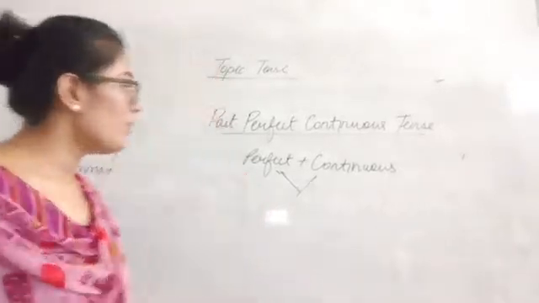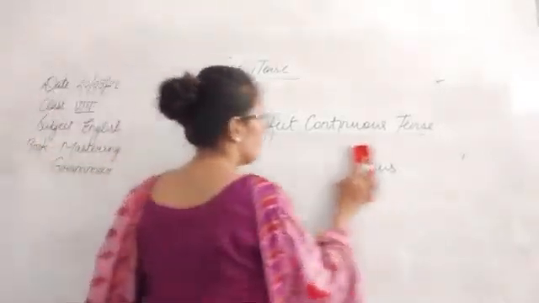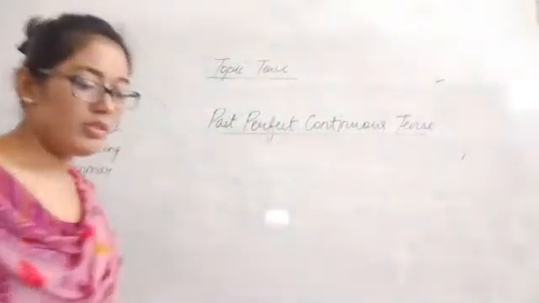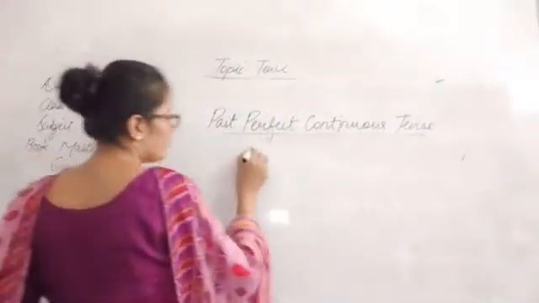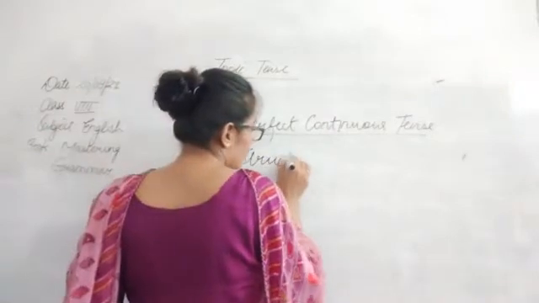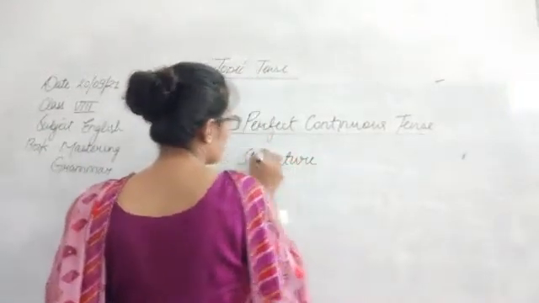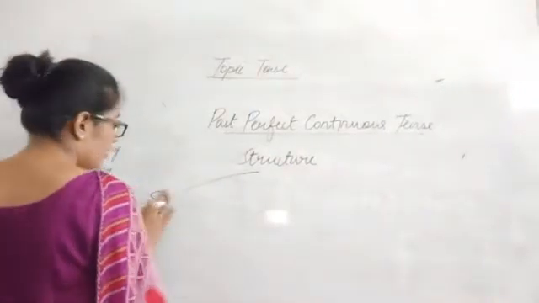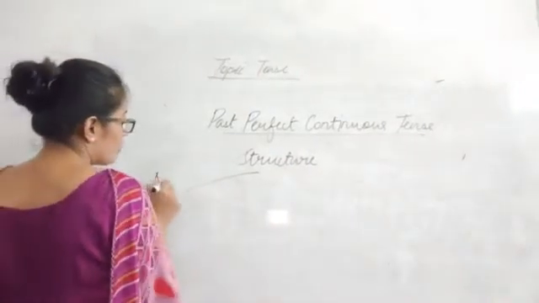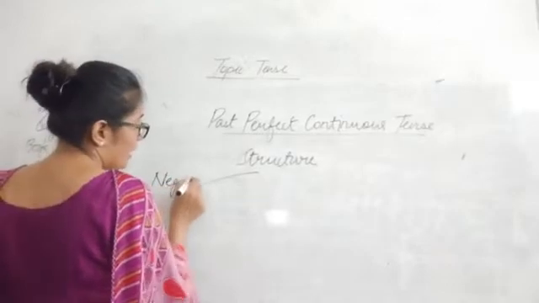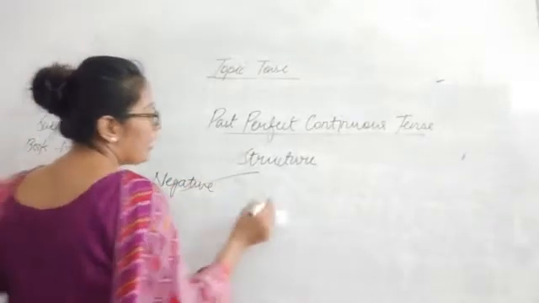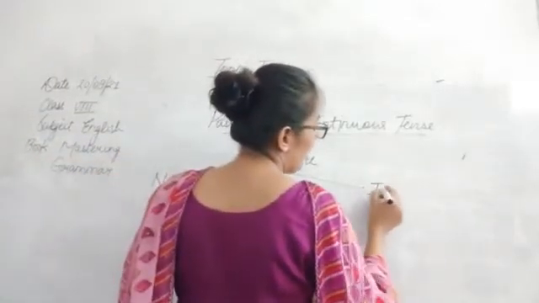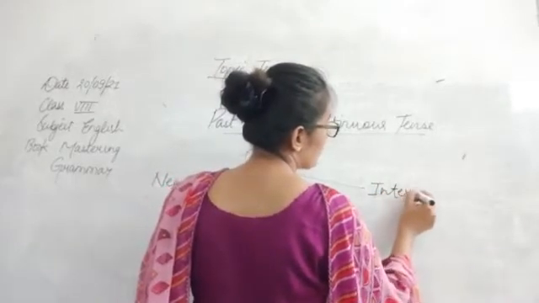Now let's talk about the structure. We have already talked about this in the class. Structure would be subject. This is negative, but you can also change it into positive by removing the not from the structure.